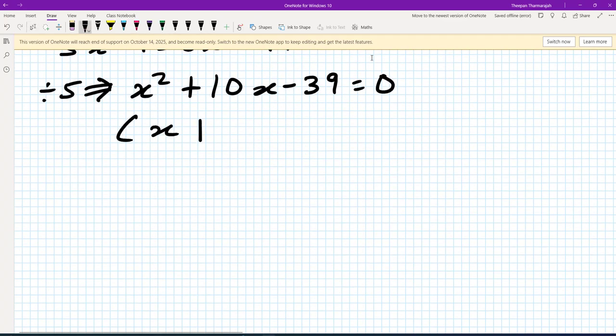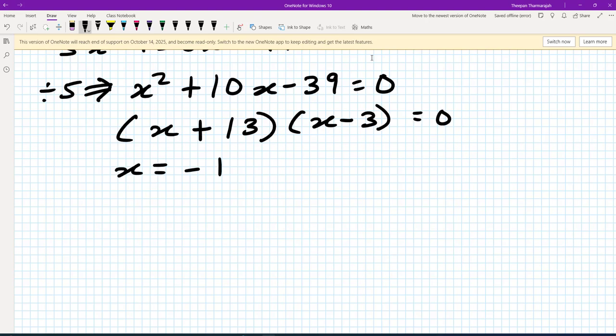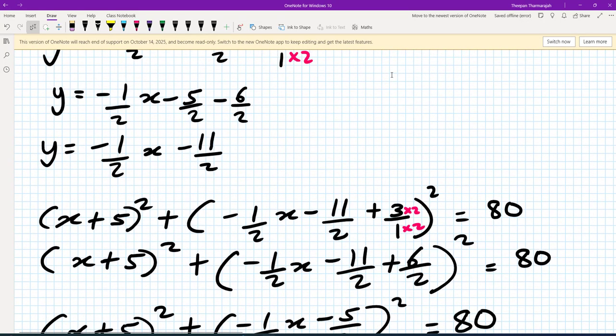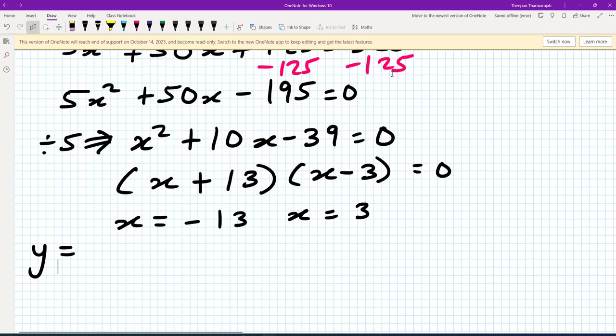We get x plus 13, x minus 3 equals 0. So solving that gives me x equals minus 13, x equals 3. Don't forget our y equation we had was y equals minus a half x minus 11 over 2. So let's write it down here.